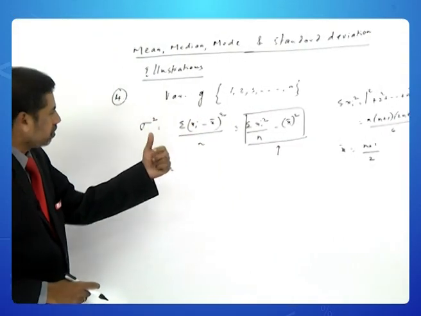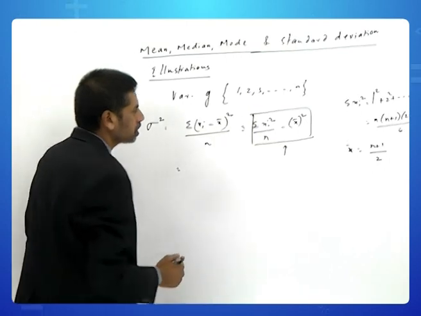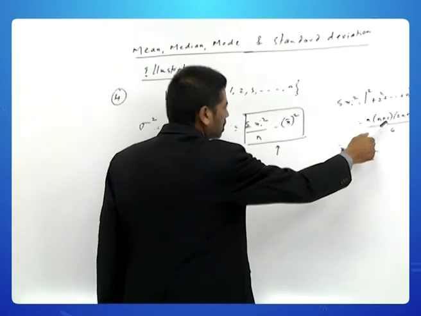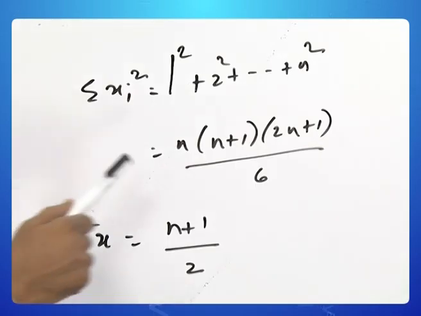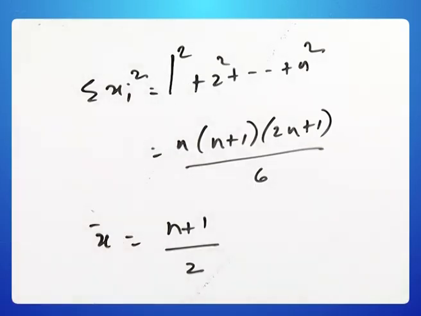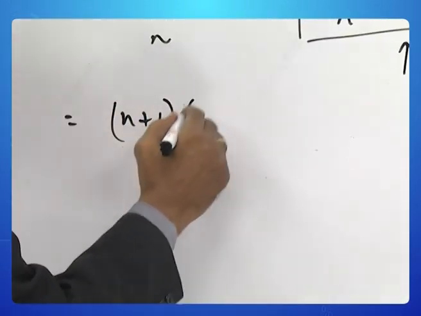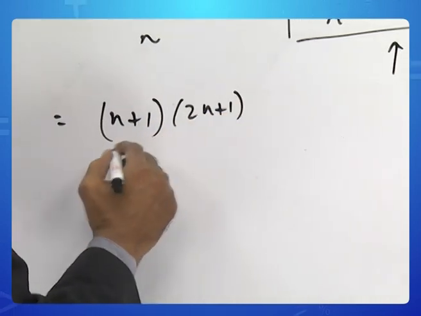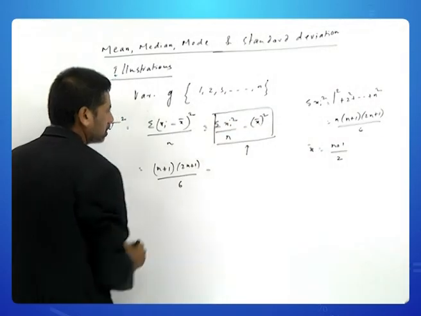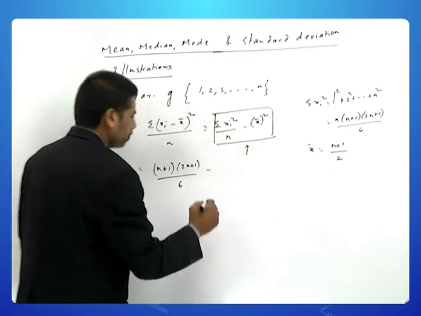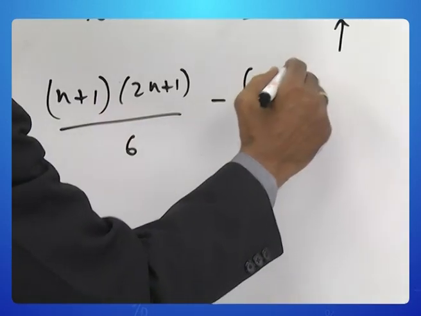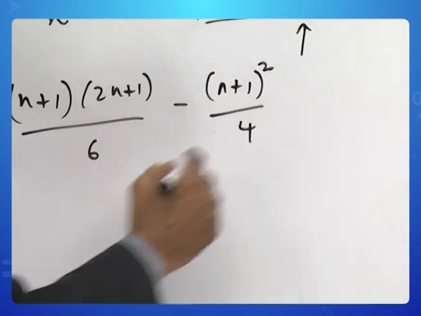So, if you use that information in this formula, summation xi square divided by n will cancel off 1 n, and you will have n plus 1 into 2n plus 1 by 6 minus square of this quantity, that is n plus 1 whole square by 4.